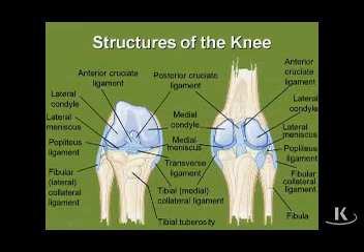Firstly, we have the menisci. We have a medial meniscus and a lateral meniscus, which are inserted between the femoral condyle and the tibial condyles, one on the medial side, one on the lateral side. An important element of the structure of the meniscus that contributes to this improved stability is that the meniscus is built in such a way so that its bottom surface is flat and its top surface is concave.